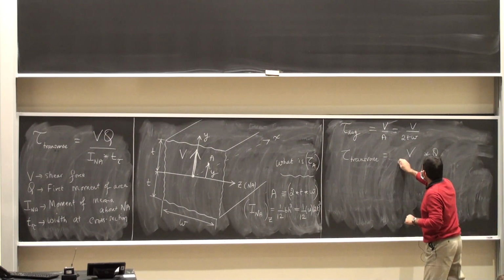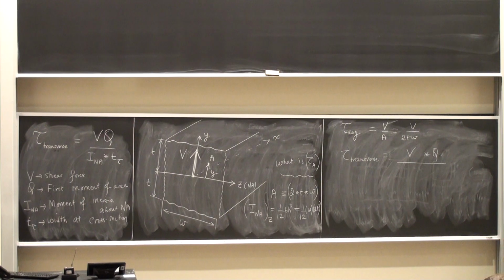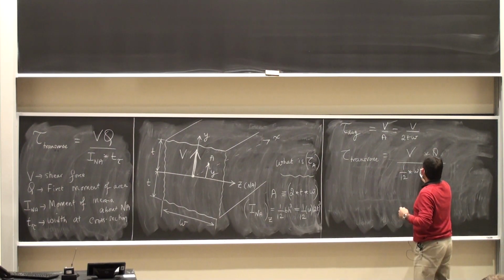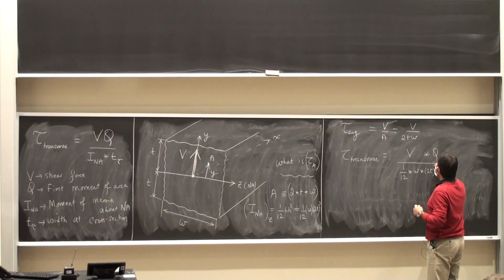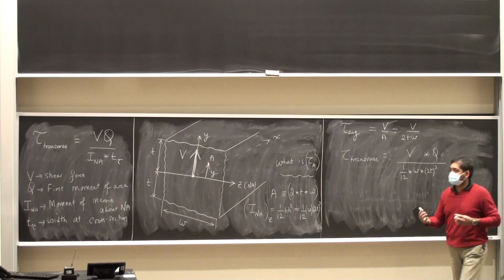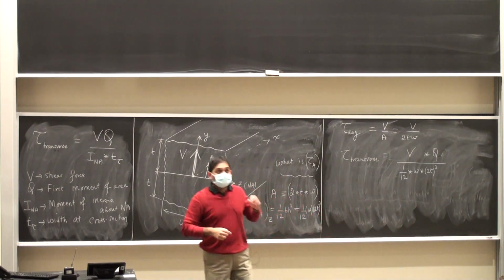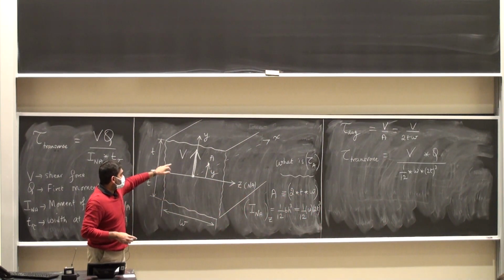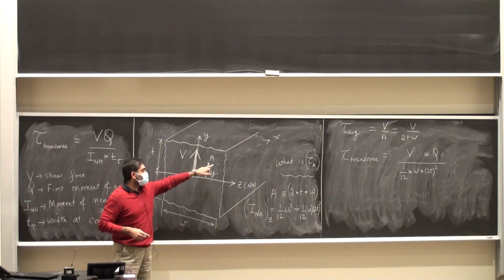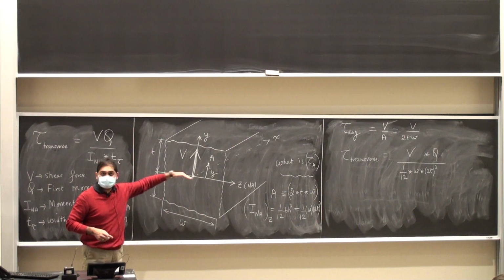Divided by I N A, which is 1 by 12 base times 2t cube, and t tau, which is the thickness of the cross section or the width of the cross section, is the following. Draw a line starting from one end of the cross section all the way to the other, parallel to the neutral axis.